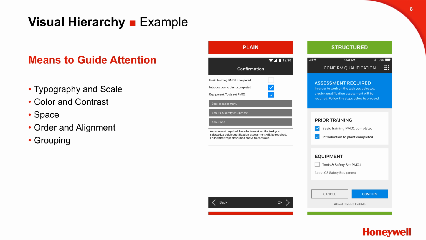If you compare those two screens, at least we hope that in the right example, it's just easier to see the priority of the different elements and to understand what needs to be done to be able to progress.